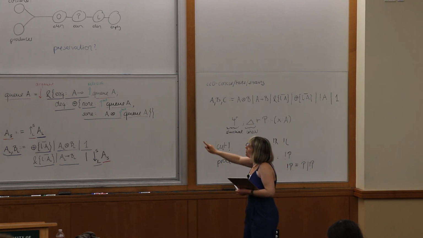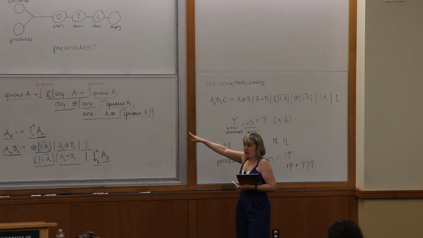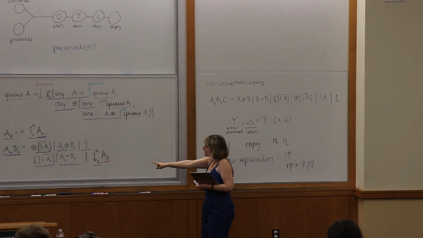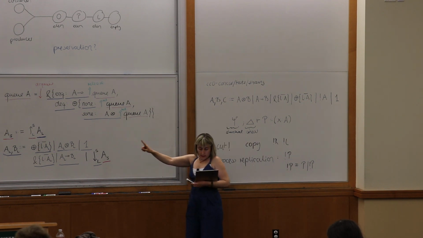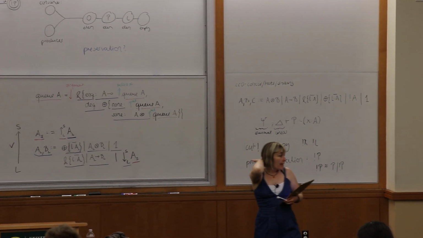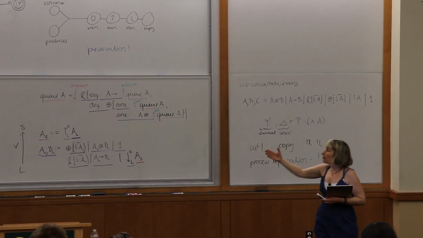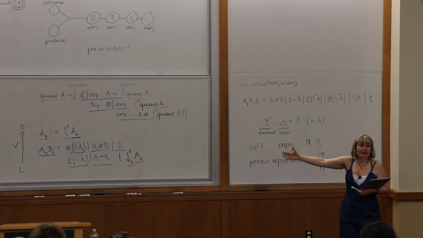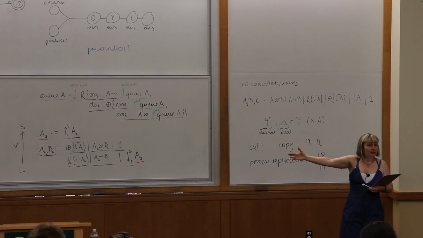All right, so let's go back to our session type. Now we have those connectives. So now let's discover how we can make this session type fit our new type structure.